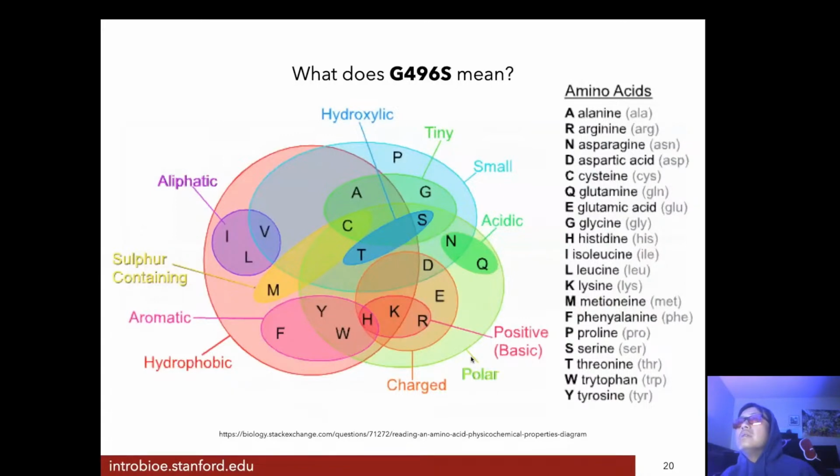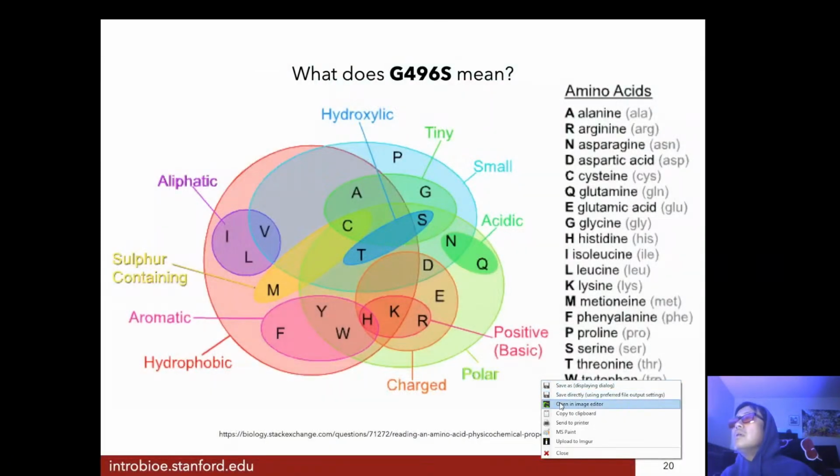These letters refer to the single letter abbreviation of the amino acids, the 20 amino acids that make up proteins. From alanine, which is abbreviated with the single letter A, or the 3-letter ALA, arginine, asparagine, aspartic acid, cysteine, glutamine, all the way down to tyrosine, which is abbreviated with the single letter Y. That's awkward.